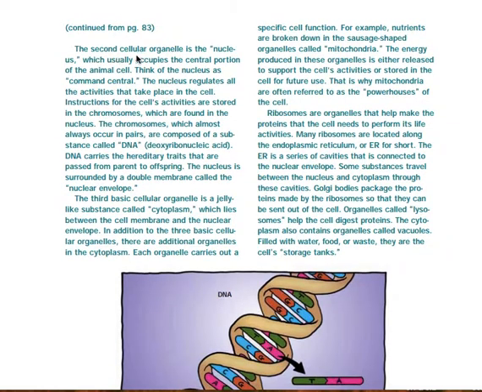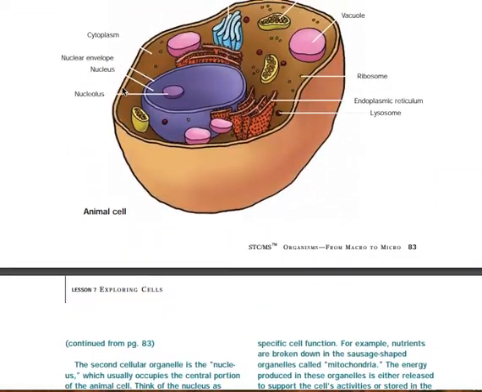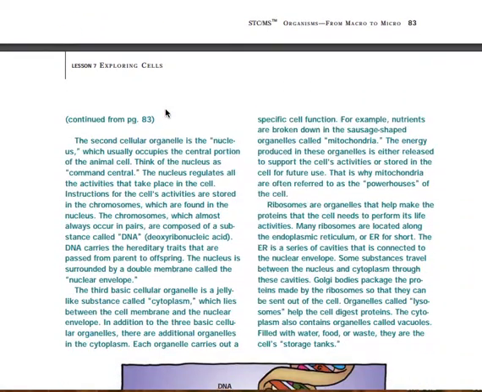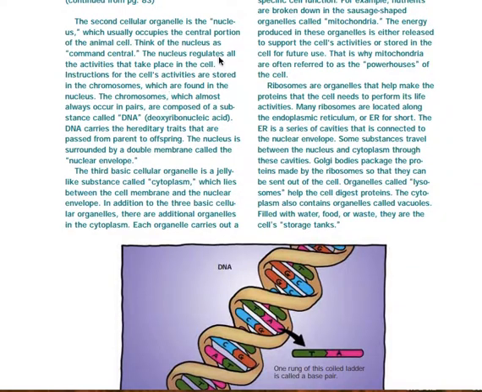The second cellular organelle is the nucleus, which usually occupies the central portion of the animal cell. Think of the nucleus as the command center. Here's the nucleus, it's in the center. The nucleus regulates all the activities that take place in the cell. Instructions for the cell's activities are stored in the chromosomes, which are found in the nucleus.